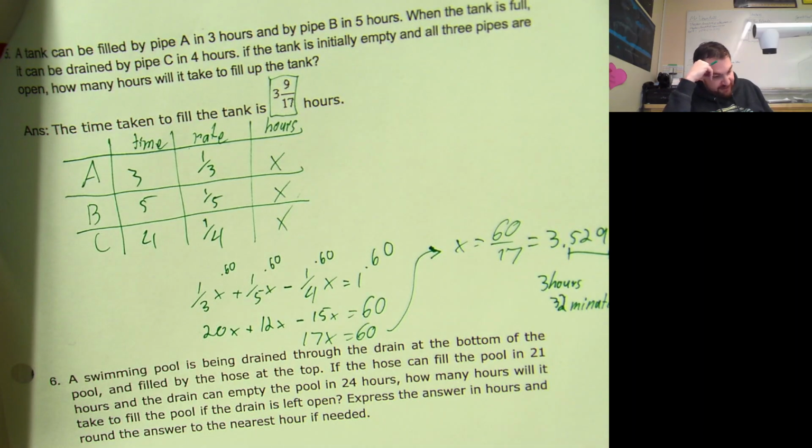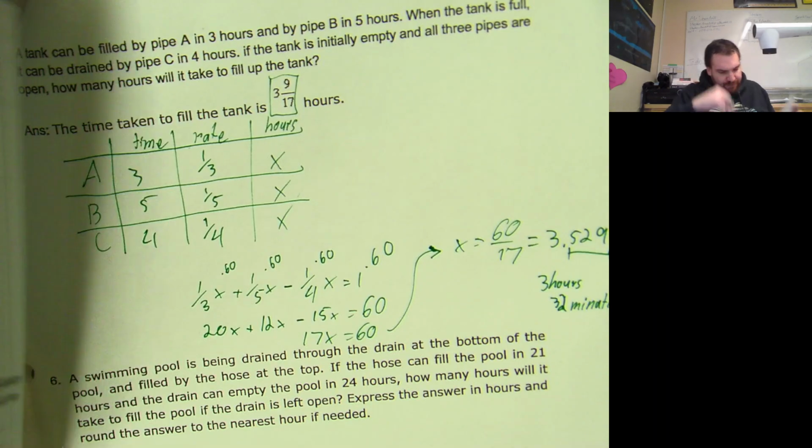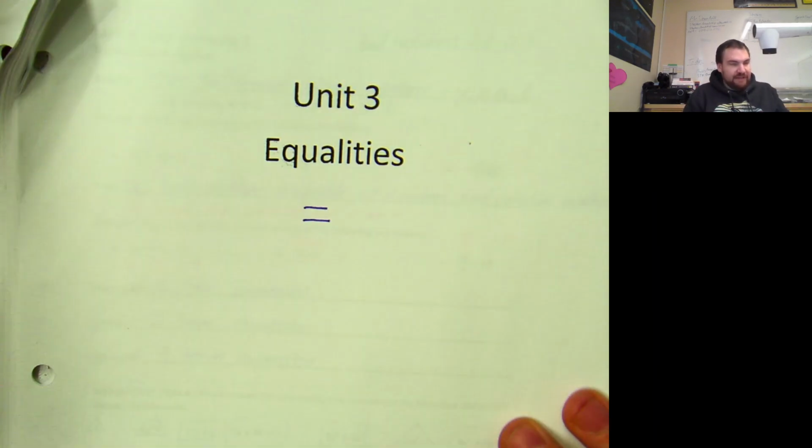And 6 is a combination of 4 and 5, I think. So we'll leave you to play with that. Are there any clarifying questions anyone wants to ask? Then we're going to move on.